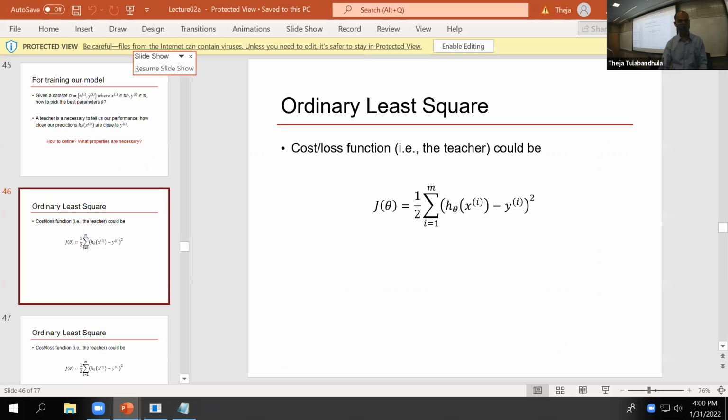Let's maybe look at this. Is this the right one? Yeah. You can't see the mouse.